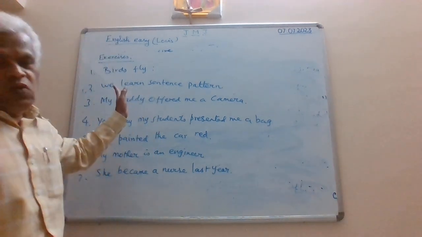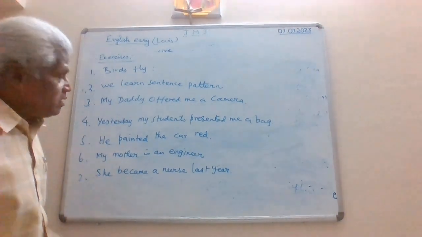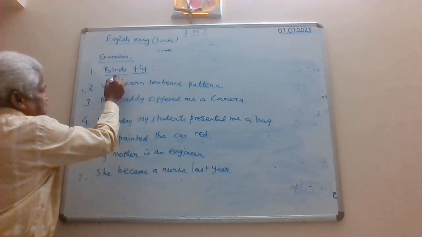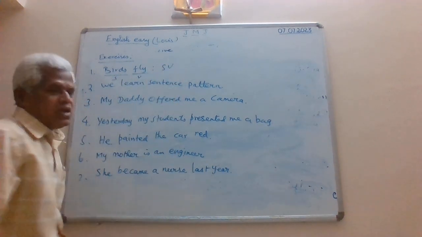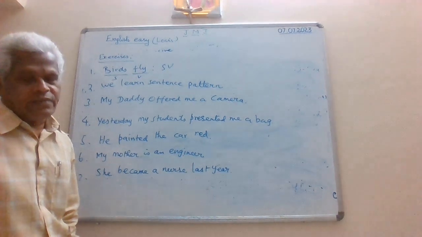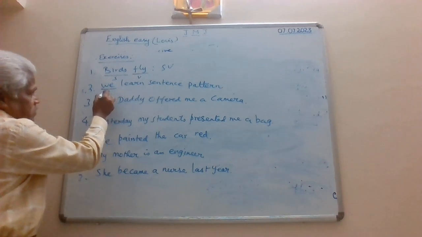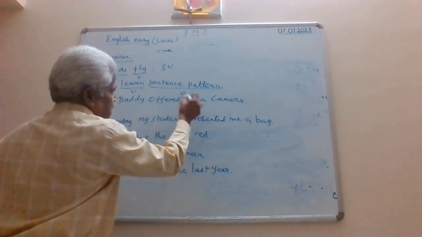Now you may already know the sentence pattern of these sentences I wrote. Let me decide now. What is the pattern of the sentence here? Birds is your subject and fly is your verb. So therefore this is an example for the SV pattern, subject verb pattern. What about the next one? We is your subject, learn is your verb, sentence pattern is your object.